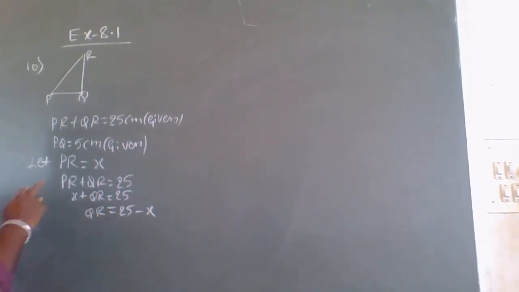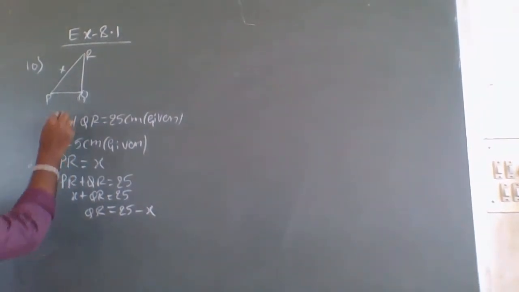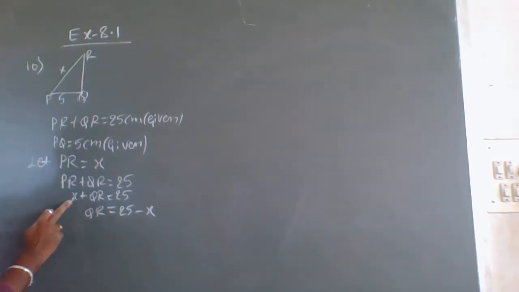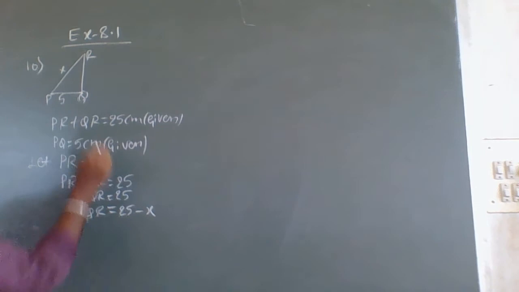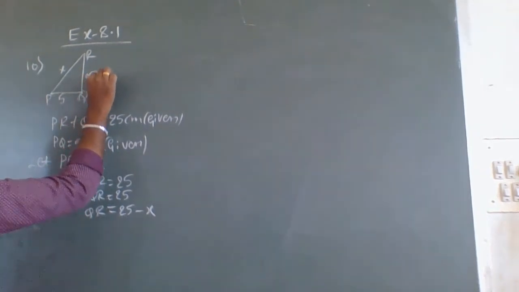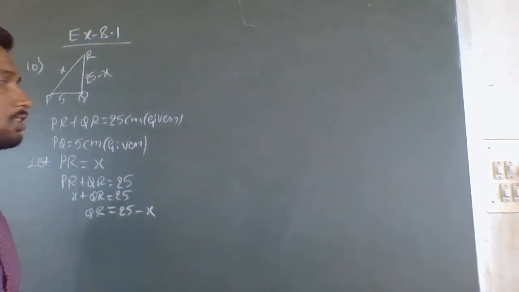So now length of PR is considered as X, and here PQ is given as 5 and length of QR will be 25 minus X. So now we have to find out this X value by using Pythagoras theorem.